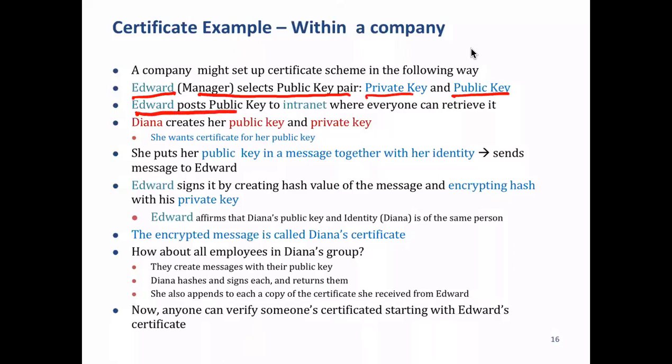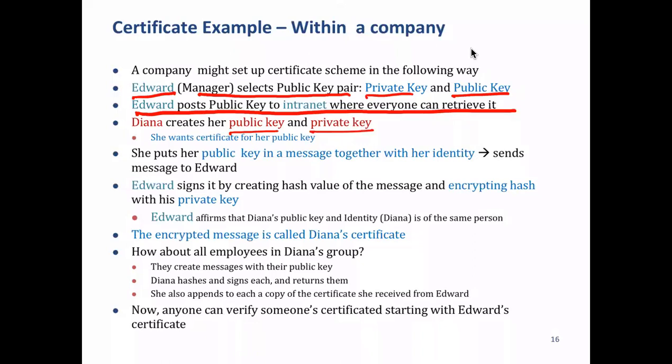Edward posts his public key on the intranet where everyone can retrieve it. The intranet is a company's version of the internet, where the domain is only within the company. So now everyone can read or retrieve Edward's public key. Now Dinah, who works under Edward, creates her own public key and private key.